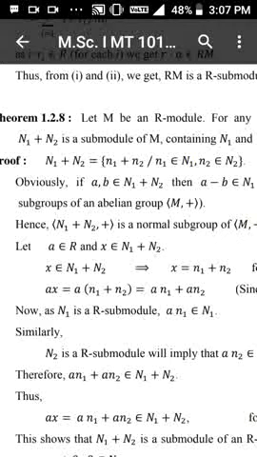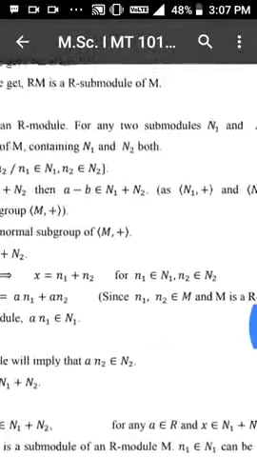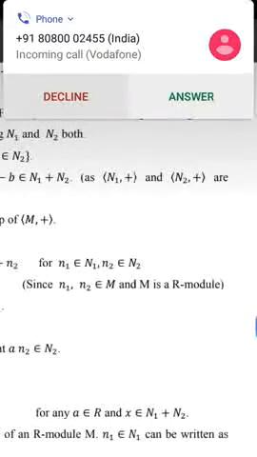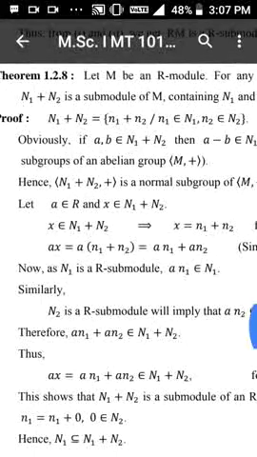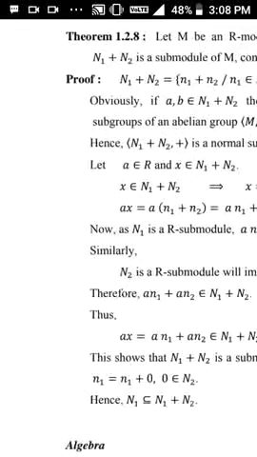Obviously, if a, b belong to N1 plus N2, then a minus b belongs to N1 plus N2, as N1 plus and N2 plus are subgroups of an abelian group M plus, hence N1 plus N2 plus is a normal subgroup of M plus.